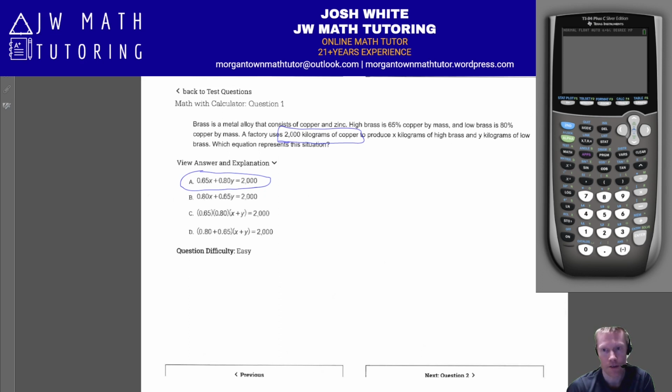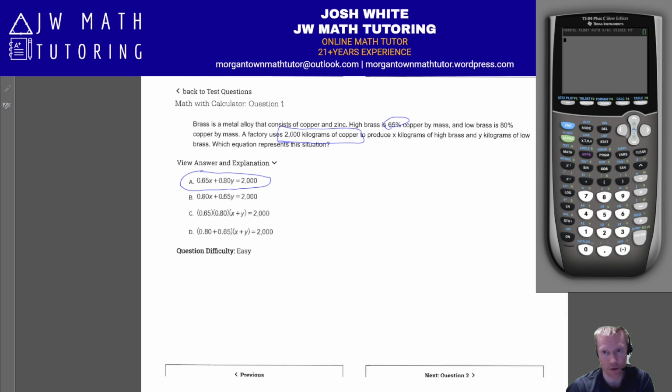In the sentence up here where it says high brass, which again we're representing by x, is 65% copper by mass. Since the equation is equal to 2,000, the number of kilograms of copper, we have to take this 65% and multiply it by something to get how much copper there is.